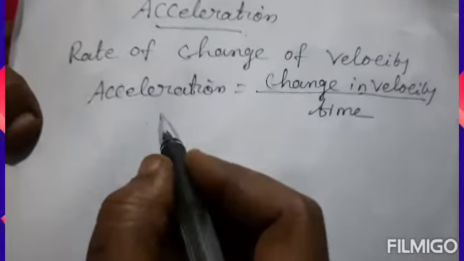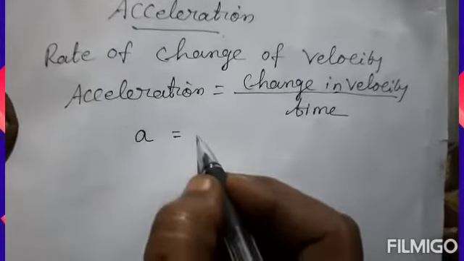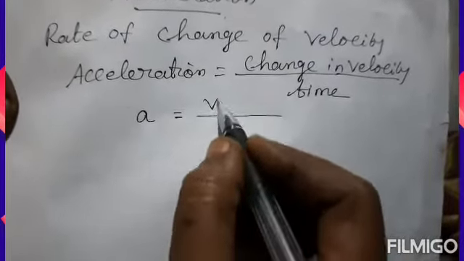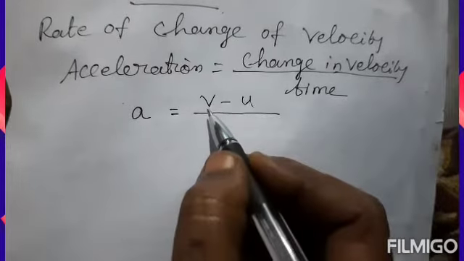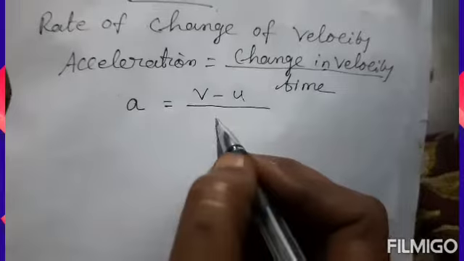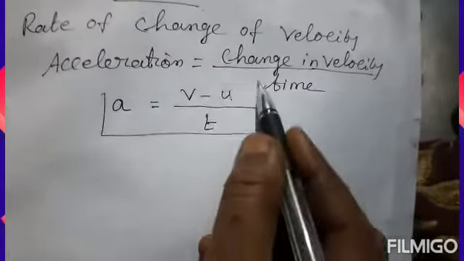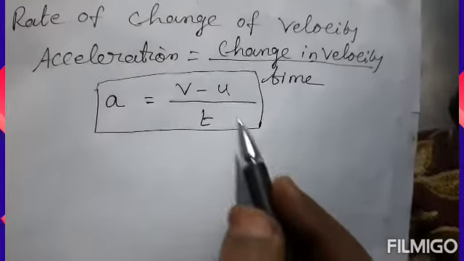Now acceleration is denoted by the letter a, small a, and the change in velocity is v minus u. v means final velocity, u initial velocity, and the time t. So this is the formula for acceleration: a equal to v minus u divided by t.